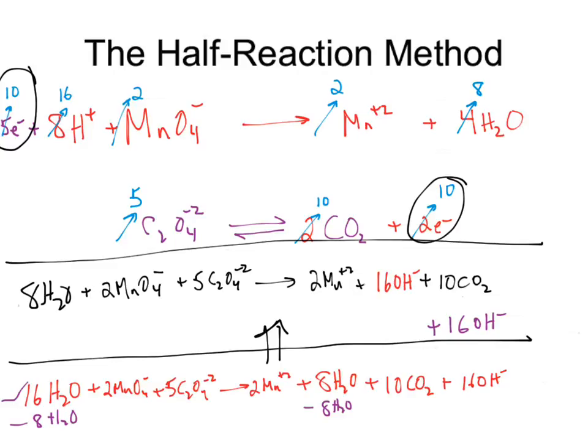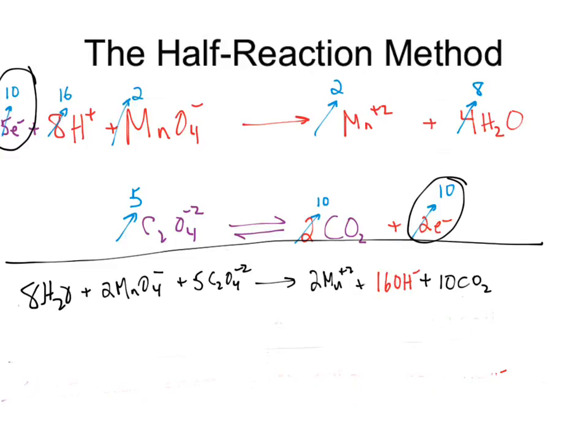Now that I've done all this work, what do I now have to do? Negative 2 plus negative 10 equals negative 12. This equals plus 4 plus negative 16.